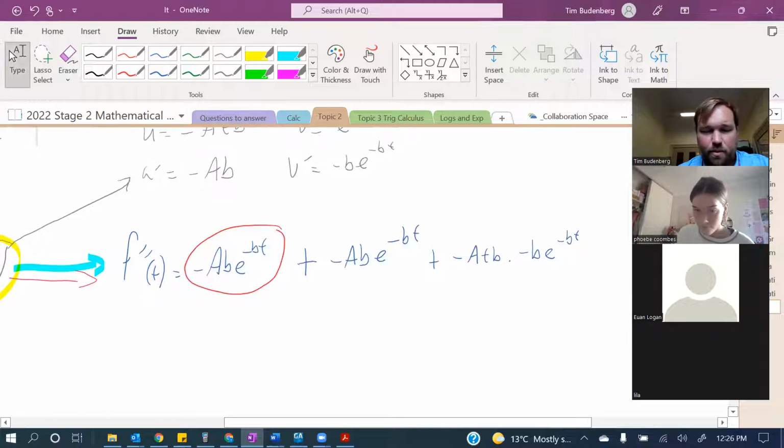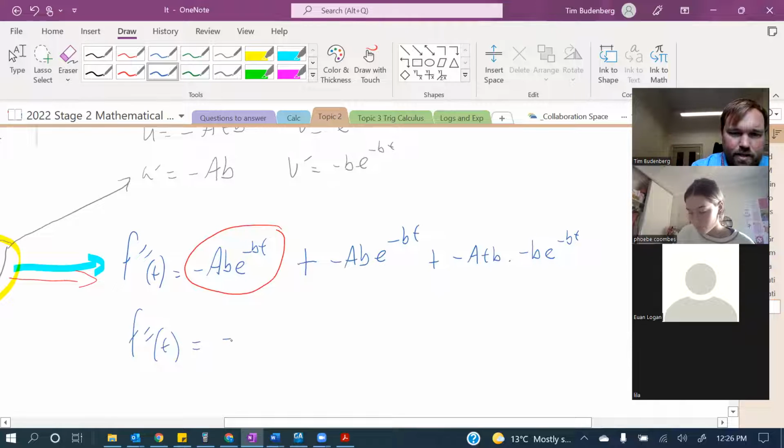It's a bit of a mess, but we'll tidy it up in terms of negatives. f double dash t is minus AB e to the minus BT, minus AB e to the minus BT.